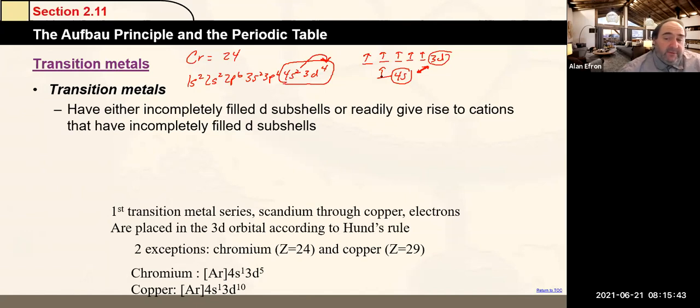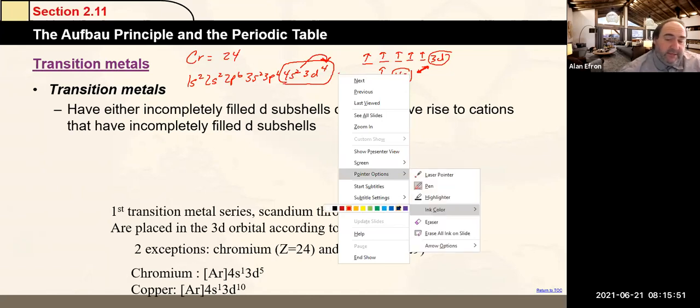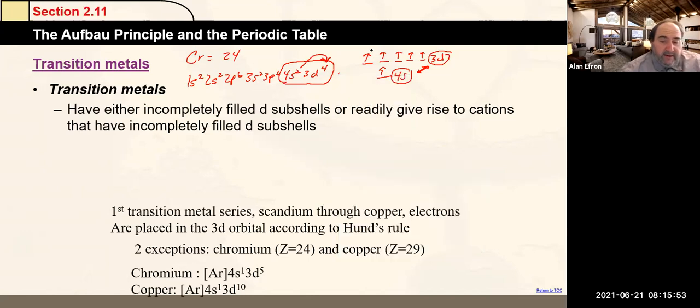In fact, as we'll talk about in just a second, those orbitals are so close in energy that when we start putting electrons up here in the d orbitals, there's actually a switch in energy that occurs, and the 4s actually ends up becoming slightly higher in energy than the d orbitals.